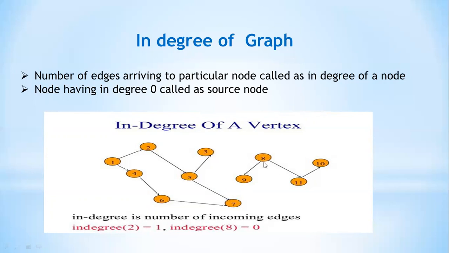Only outgoing is there. So the in degree of that node is 0, and we can say 8 is a source node, right? If I ask what is the in degree of node 7, at node 7 two incoming edges are there. One is from 5 and one is from 6. So the in degree of node 7 is 2. In this way, you can calculate in degree.